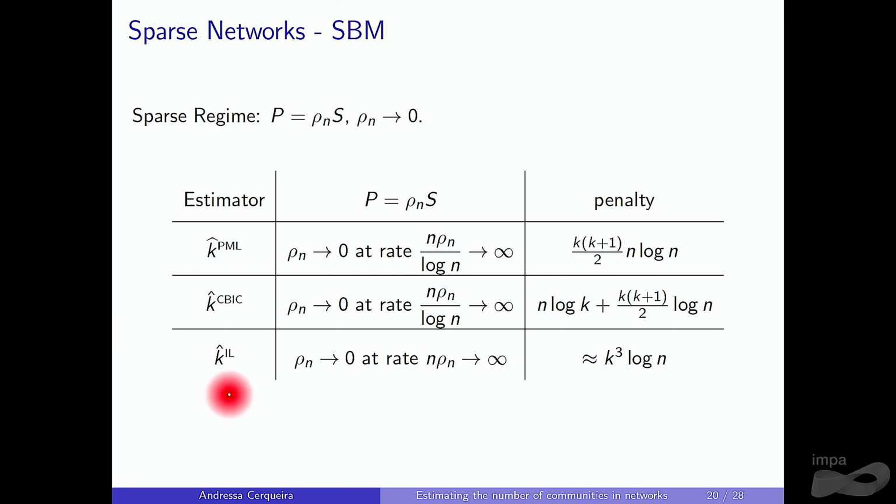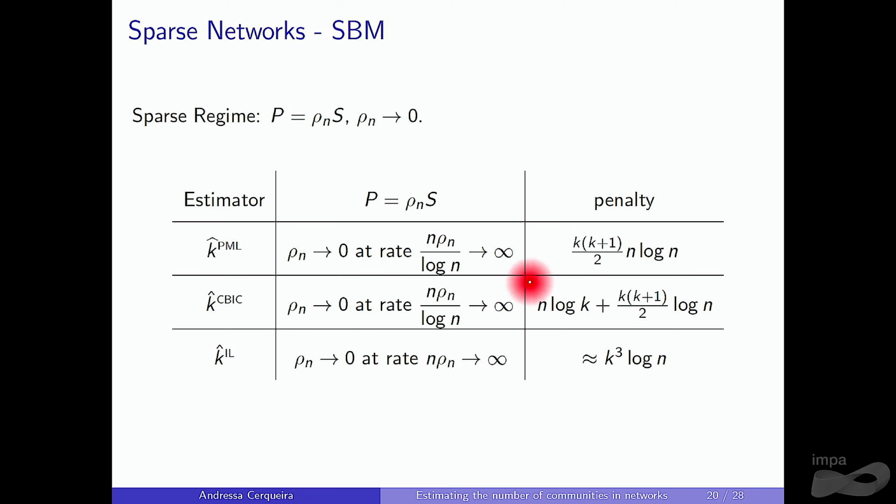And for the rate for the integrated likelihood, rho n should be greater than 1 over n, so we just have what we call weak recovery, right? So for this method, we can have a sparse network, right? So this is really nice.